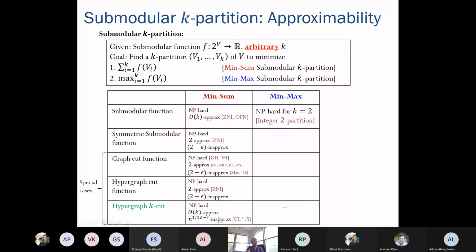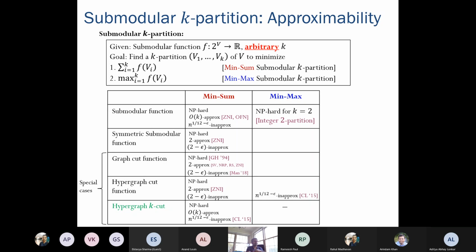So in a sense, you can't hope for better than a k approximation in that cell, which also implies you can't get better than a k approximation for min-sum submodular k partition. So all these cells are pretty much tied. It seems very unlikely that we will be able to improve on these. You can see polynomial inapproximability in a sense. So there is not much open here in the min-sum version for arbitrary k.